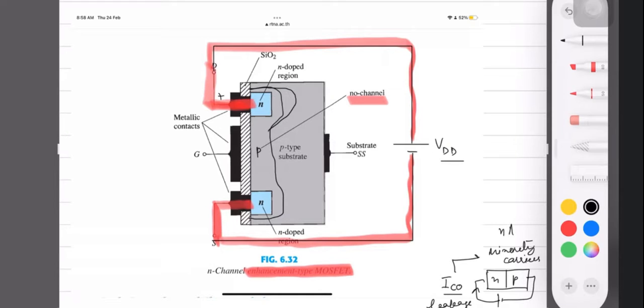Yes, sir. And that current is in nanoamperes, very small, so generally we neglect it, and majority carriers की वजह से कितना करंट होगा, नो करंट, राइट.